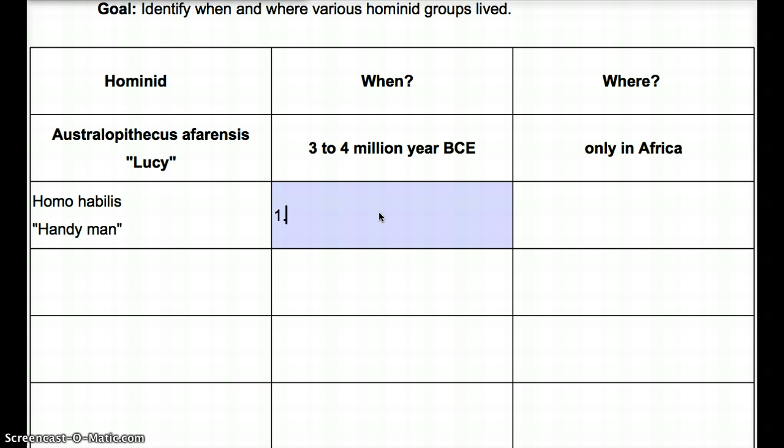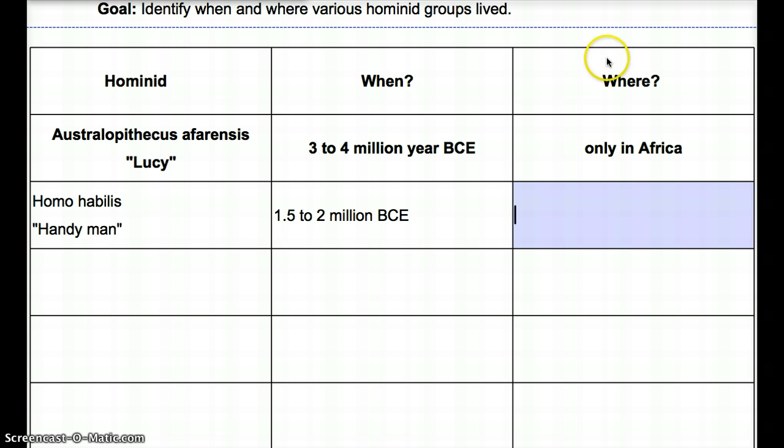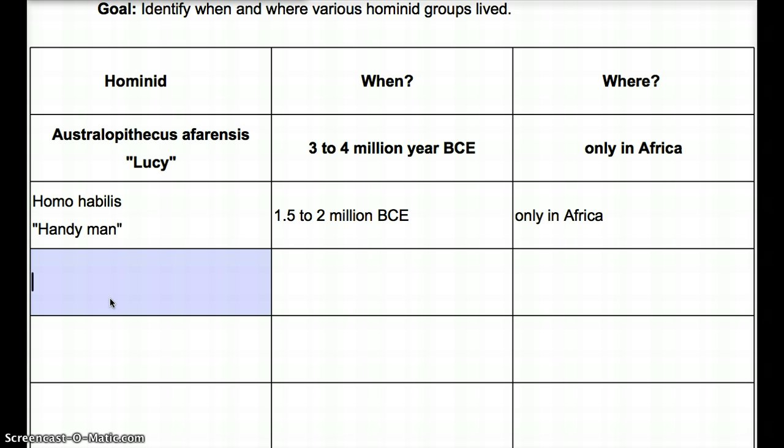Well, that was about 1.5 to 2 million BCE. And then where did Handyman live? Handyman lived only in Africa. So, should be seeing a theme here as far as where they were living.